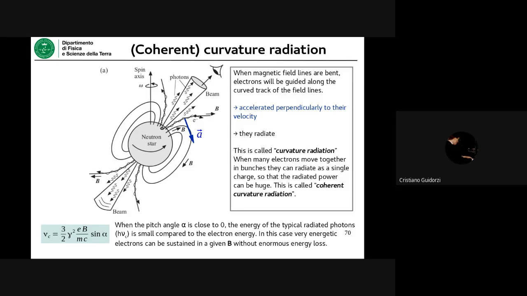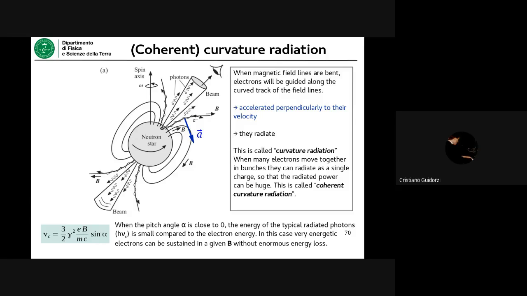But given that intensity scales with the electric field squared, this can have a huge impact on the total power. And indeed, that's what we observe, and we refer to it as coherent curvature radiation, when many particles are bunched together and they emit together. I'll get back to it in a few slides.